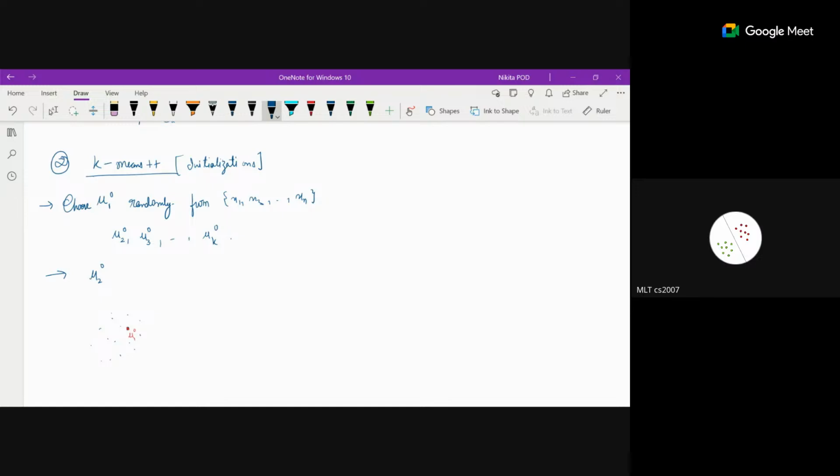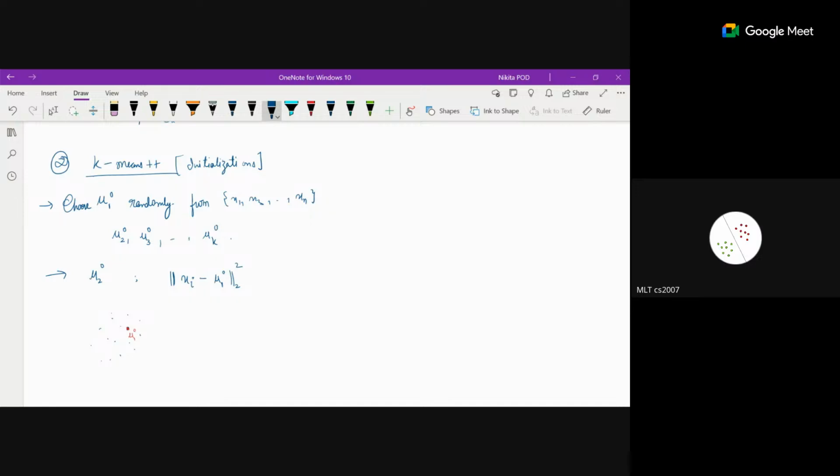So for l is equal to 2, which is for mu2 not, I will compute the distance of each of the xi from mu1 not.